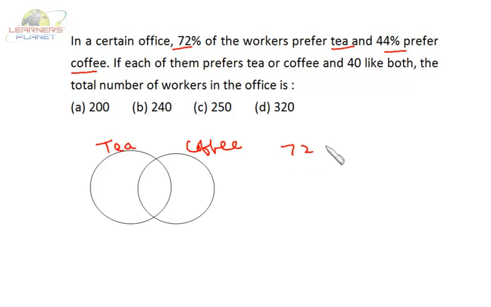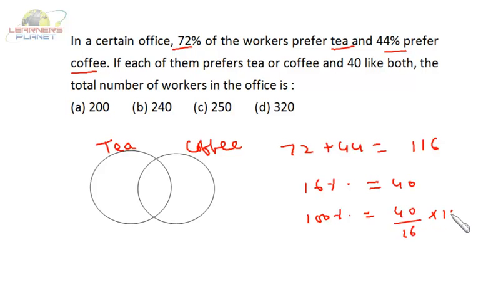So 72 plus 44 is 116. That means 16% people like both. And 16% is actually 40. That means 100% is 40 by 16 into 100, which is 250. So the total of these two circles is 250. We are asked the total number of workers, which is 250.